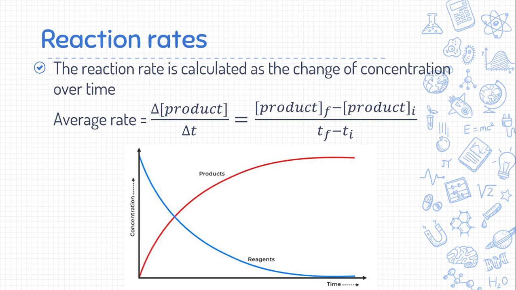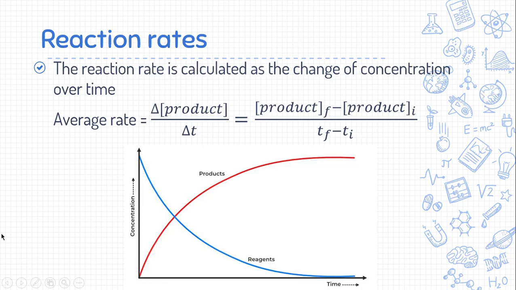So, if you can recall, we have already defined what reaction rate is. It's actually the speed of your reaction as time progresses. The reaction rate is calculated as the change of concentration over time. If you can imagine, when you have a reaction, you start with the reactant and end up with a product.